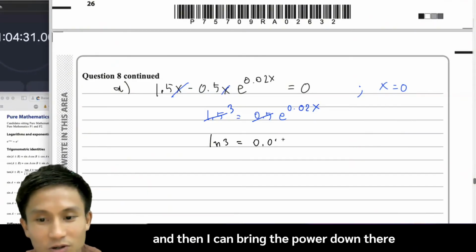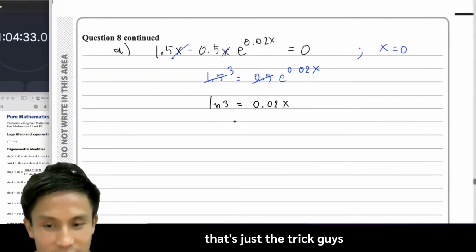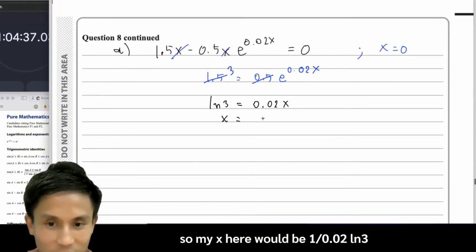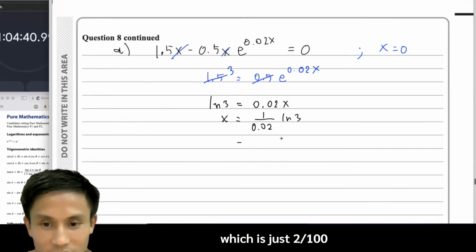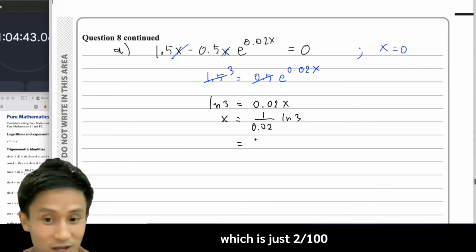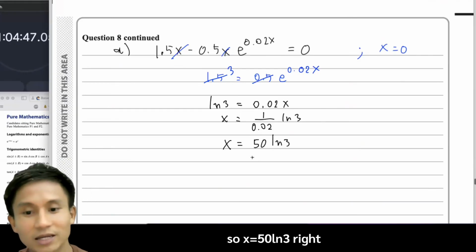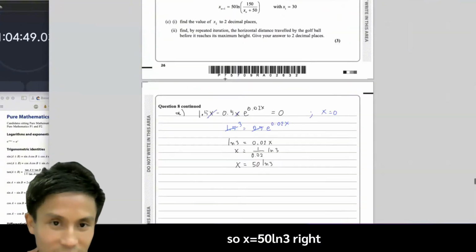And then I can bring the power down there. That's just the trick, guys. So my x here would be 1 divided by 0.02 times ln 3, which is just 100 over 2. That would be 50 by my calculation. So x equals 50 ln 3, right?